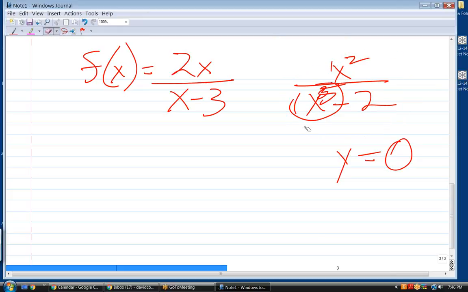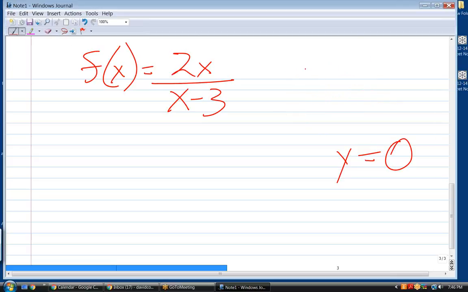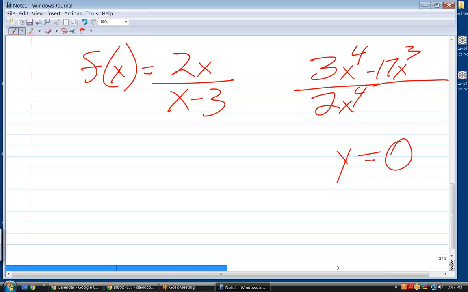Second situation is when they're the same. In other words, if I had a 3x to the 4th in the top, and I had a 2x to the 4th in the bottom, regardless of what else I have, it's only the highest degree polynomial that you care about. It doesn't matter if I had a minus 17x cubed there.